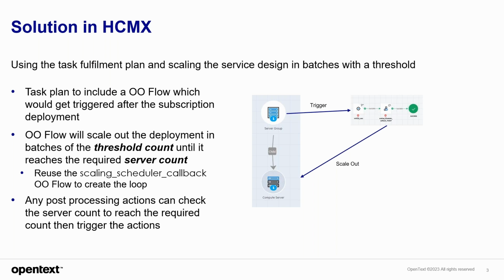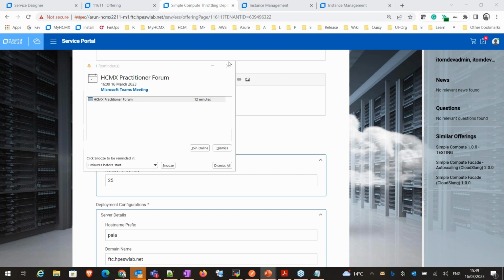If not, you can just move on. That means every time it gets executed on the server group, but you can put a condition to not send the emails in the workflow. That's the only change you have to do. So let me quickly show you the demo of that.